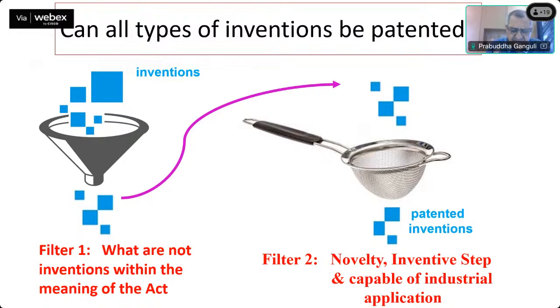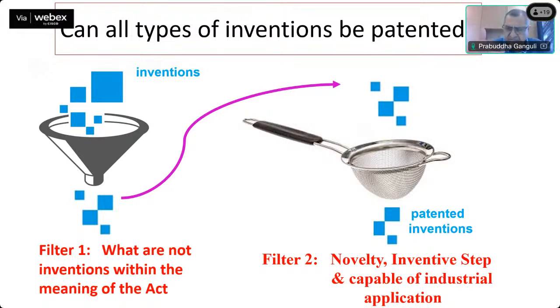So the question we raised yesterday was, are all types of inventions patentable or not? We said that there are these two filters, which I showed in this diagram as filter 1 and filter 2. For filter 1, the patent law in India itself makes a list of inventions, and says that if your invention falls within this list, then it is not considered to be an invention within the Patent Act.